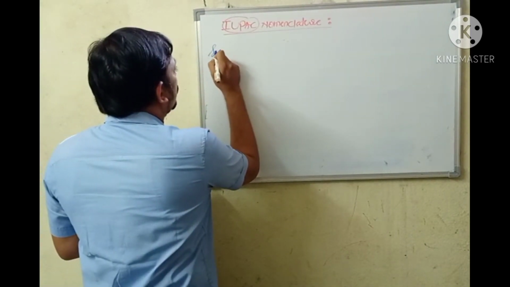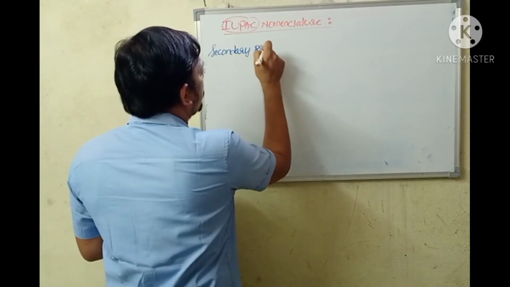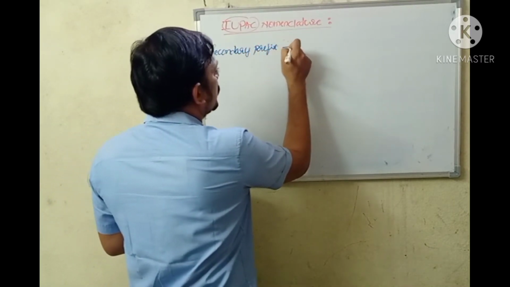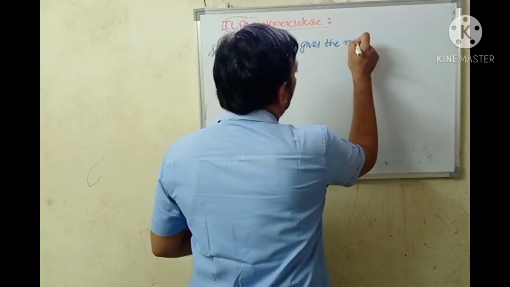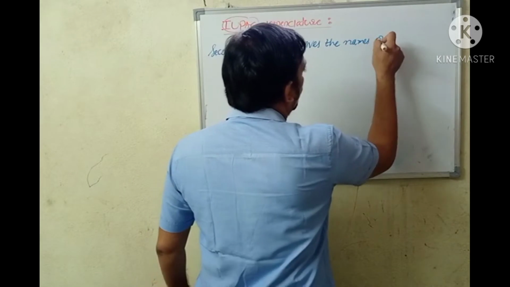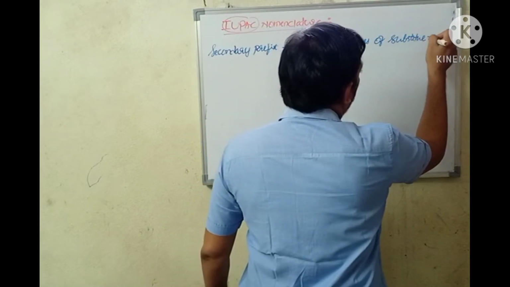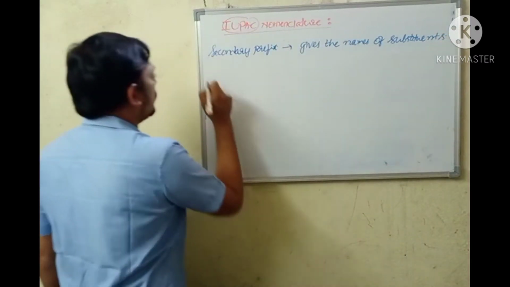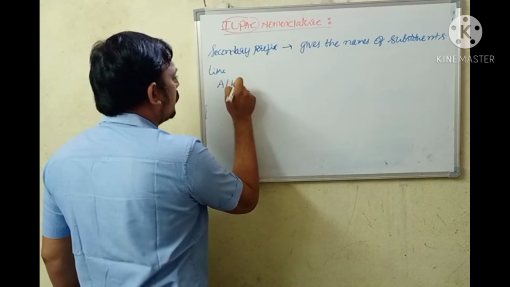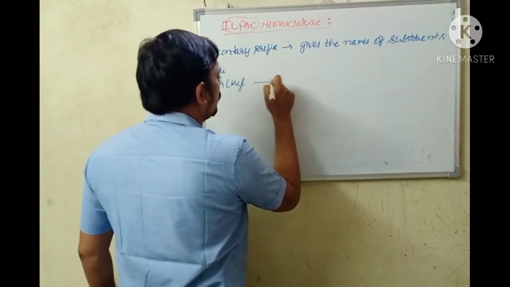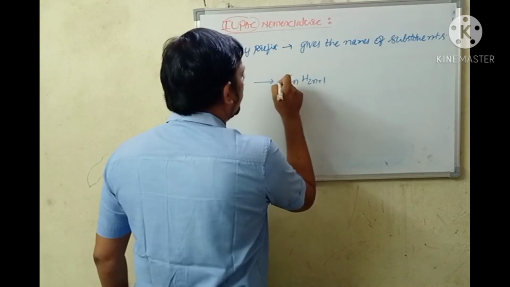Secondary prefix gives the names of substituents like alkyl group, which has the general formula CnH2n+1.